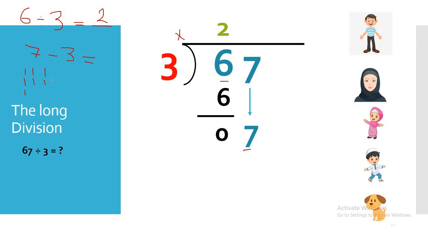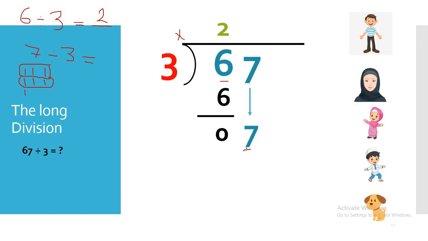Here they are. These are 3. This is a group of 3. And this is another group of 3. We cannot make one more group of 3. So we have 2 equal groups of 3.